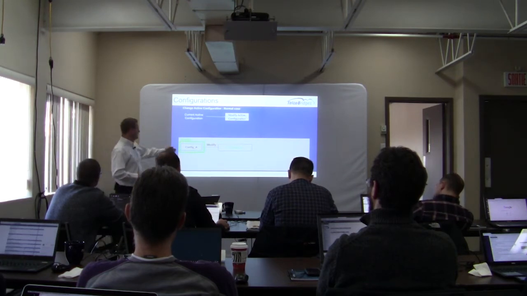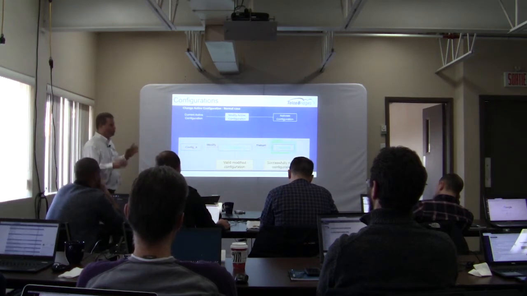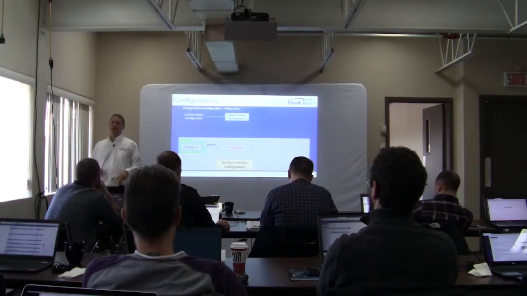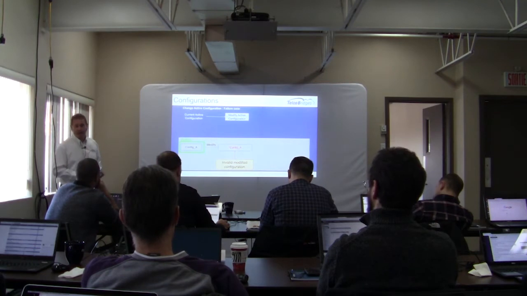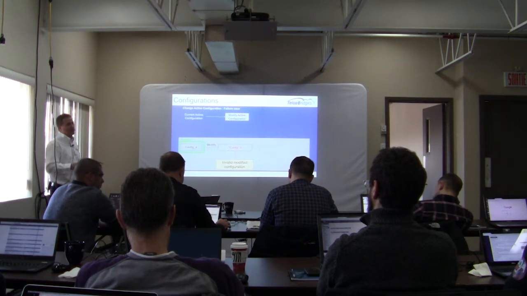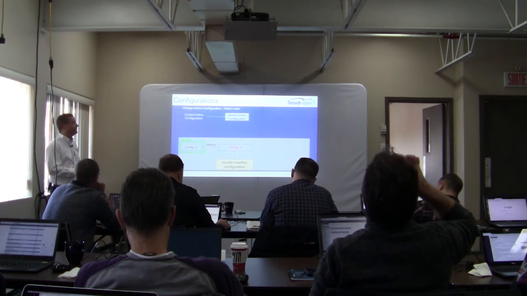So we take the first configuration, modify it, validate it, make sure we didn't make any mistakes, and then activate the configuration, and it becomes the new config A. However, you might make a mistake that the web interface can detect. For example, if you put the wrong IP address, we won't be able to detect it. We can only detect if it's the wrong format of the IP address. But there's a lot of things that can be verified, and it will be.